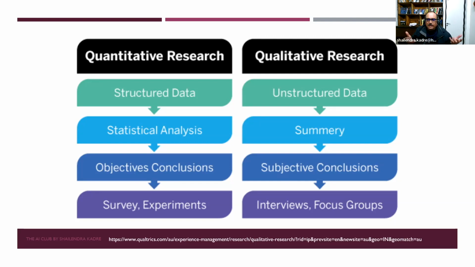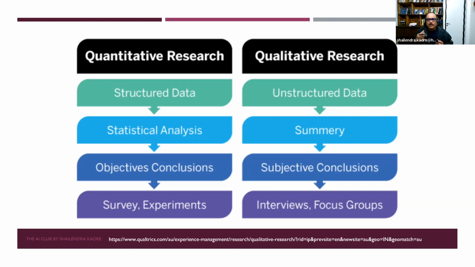So qualitative conclusions are always subjective. When we do qualitative research, we deal with interviews and focus groups. I think in one of my previous classes I explained what focus groups are. If not, note down focus groups, and I would advise you to do a web search and make yourself aware of what a focus group is.